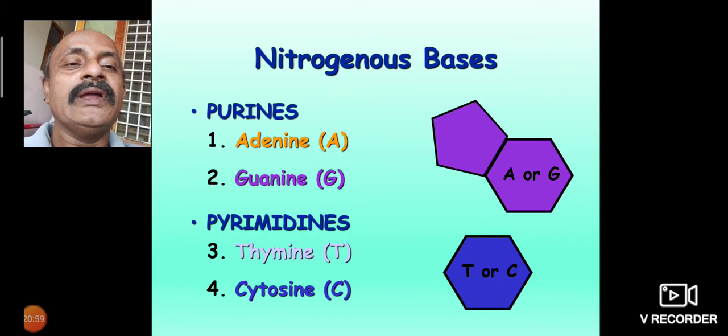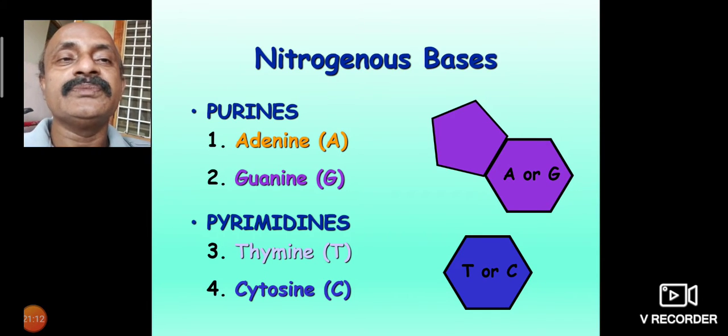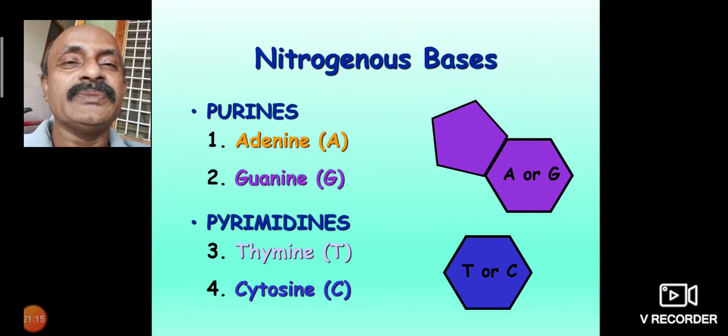One purine pairs with one pyrimidine: first the purine adenine with the pyrimidine thymine, then the second purine with the second pyrimidine. That is called the nitrogenous base.